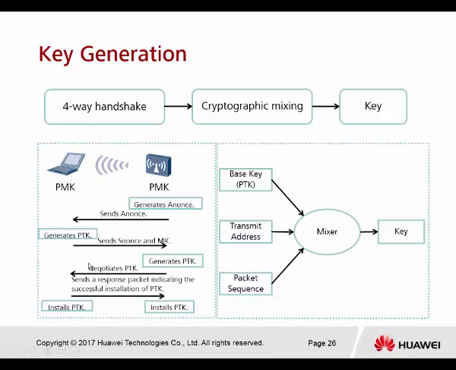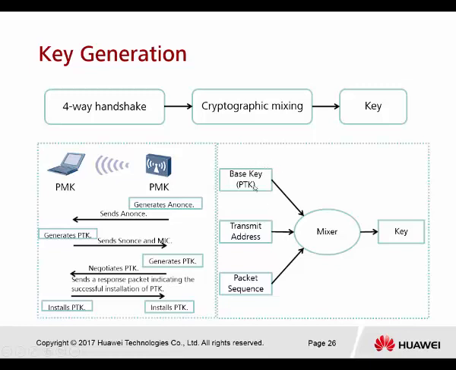When both sides receive the PTK, they combine these two, because I have my own PTK and the AP also informs me what PTK the AP is using. So I mix my PTK with the AP's PTK. Both mixed together come out as another mixed version of the PTK, and now they can both install it. So now they have a very unique key on both devices. This is the cryptographic mixing.